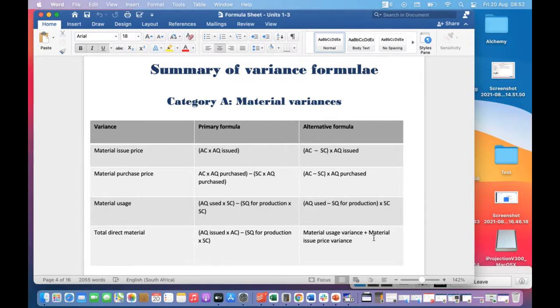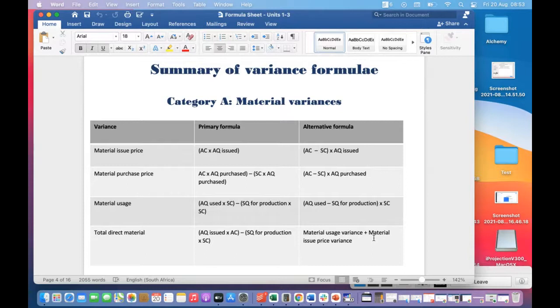Okay, so let's actually read. This variance occurs when there is a difference between the actual quantity issued at the actual cost and the actual quantity issued at standard price. It shows the difference between the actual cost and the standard cost of the material which has been issued to production.